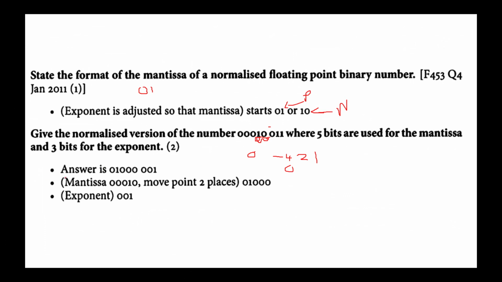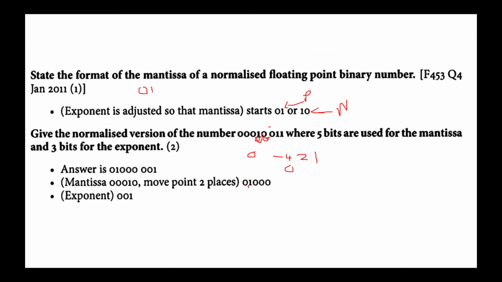Oh, right, they're doing it in steps. So you've got to identify it, then it moves places. So it's now 0, 1, 0, 0, 0. So the decimal point is here, then the exponent, but I don't get why the exponent is 0.01. Or did it? Because it didn't move. I don't get that question. I need to do more of these.